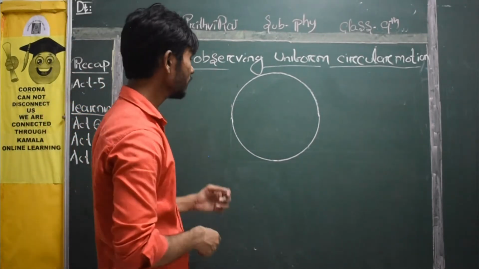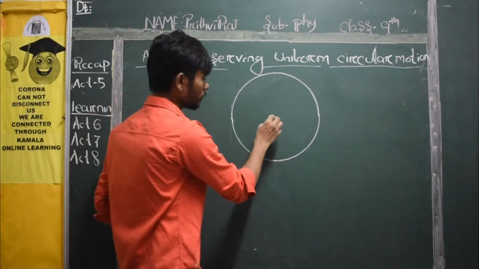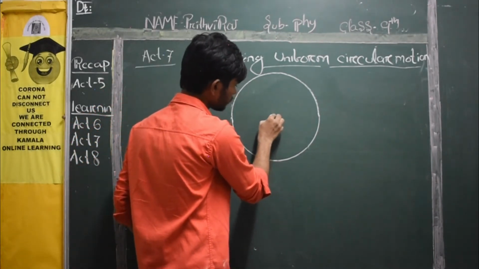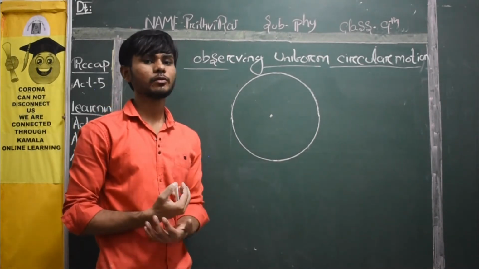As you can see, students, this is our circle. Suppose this is our center point. So what we are doing, we are observing uniform circular motion.